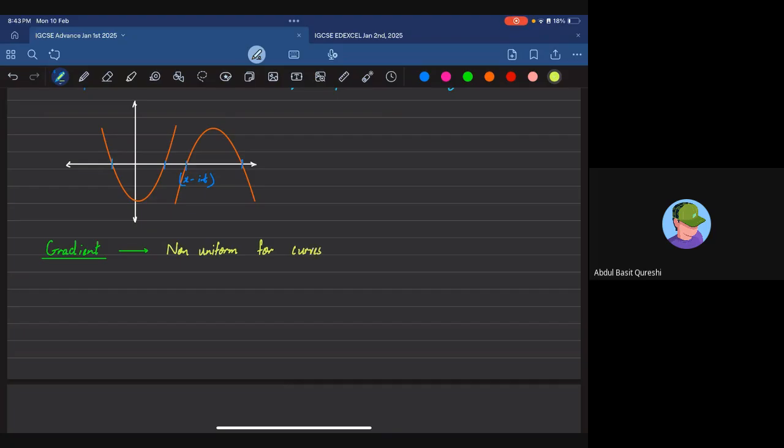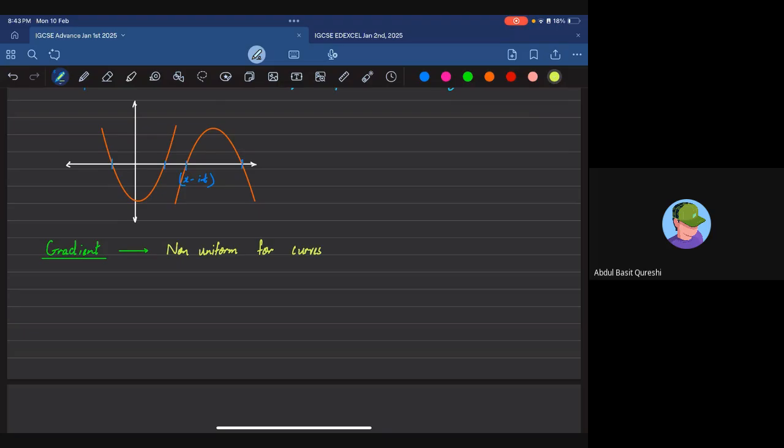So if the gradient is non-uniform for curves, that means it is changing at every point. Look at it from here. It is much more steep over here, less steep over here, very less steep, almost zero over here, and then it changes direction. So the gradient is always changing.